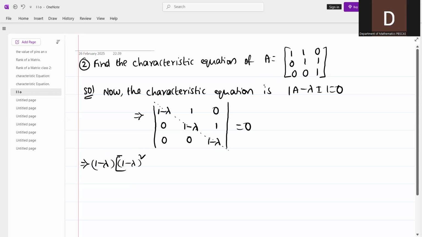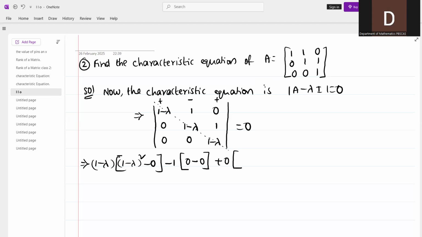1 minus lambda whole square minus 0. So this is the plus value, minus plus. So minus 1 into this one and this one: 0 into 1 minus lambda, 0 minus 0 into 1, no 0, plus 0 into 0 minus 0 into 1 minus lambda, that is equal to 0.